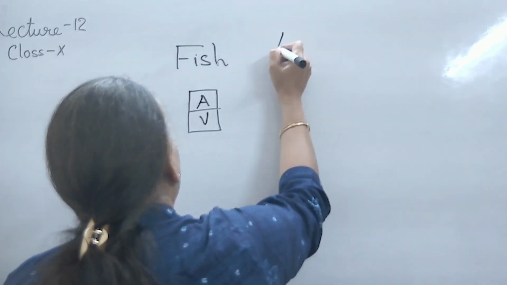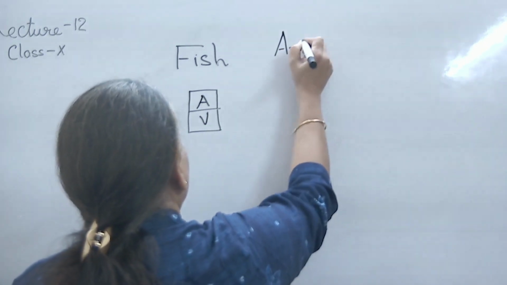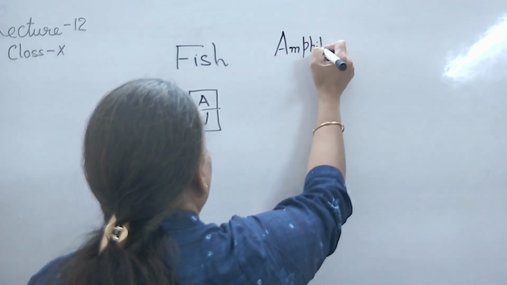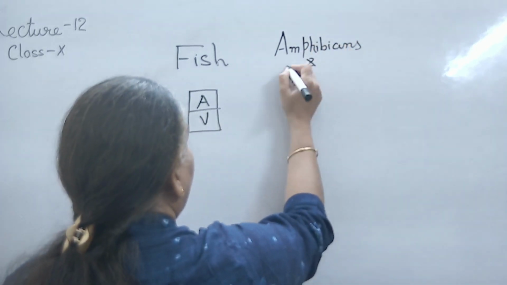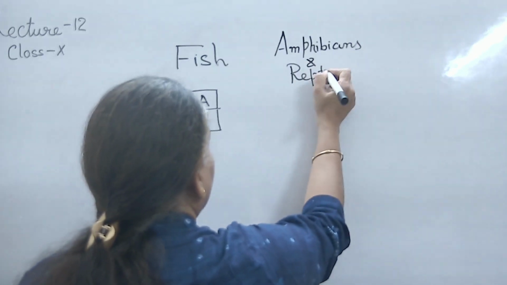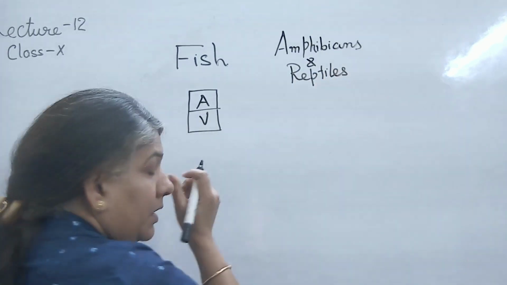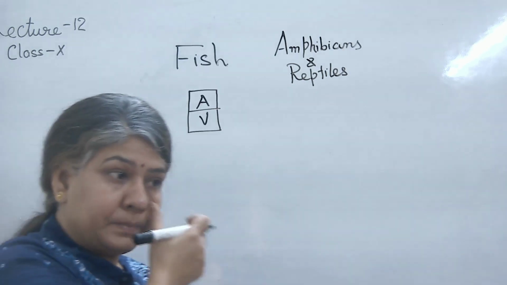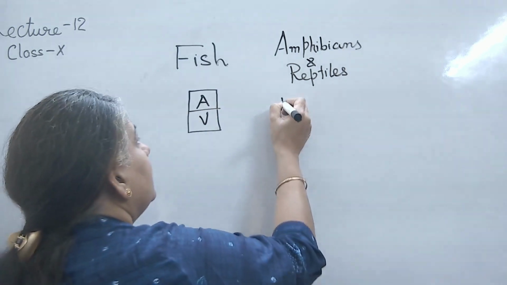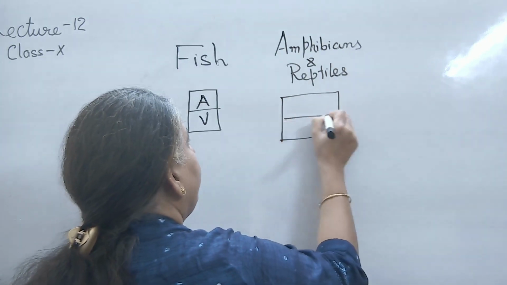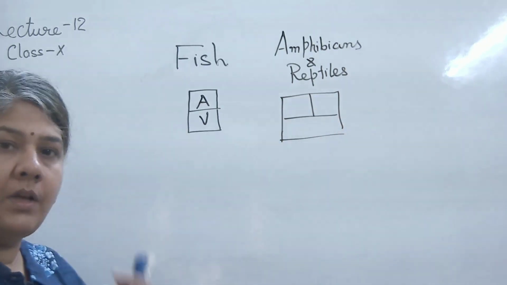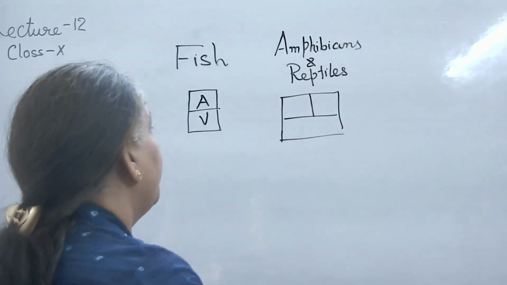Then if we see amphibians, that is frog, and reptiles, they have three-chambered heart. See, three-chambered means they will have upper two chambers and lower ventricle.